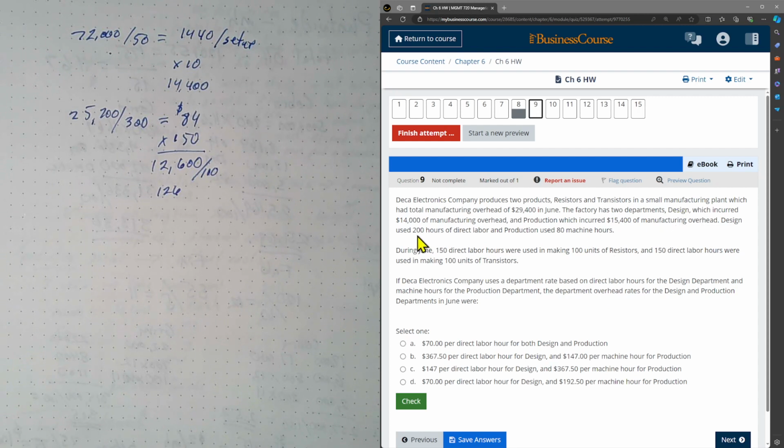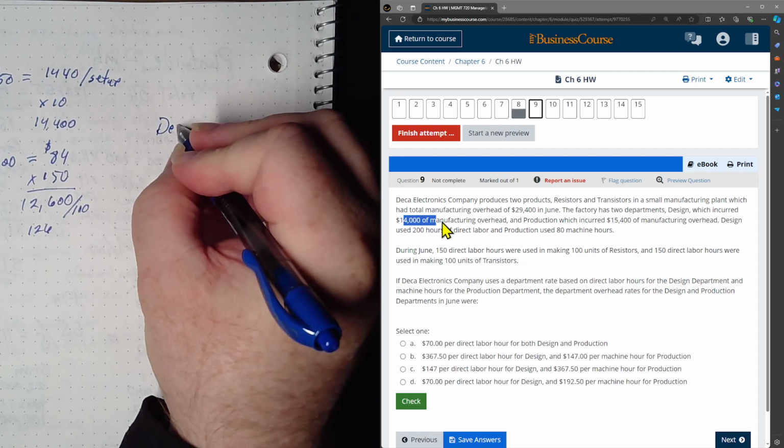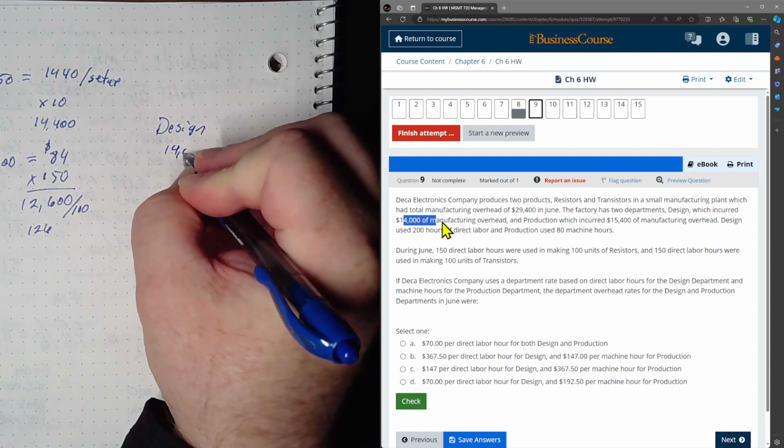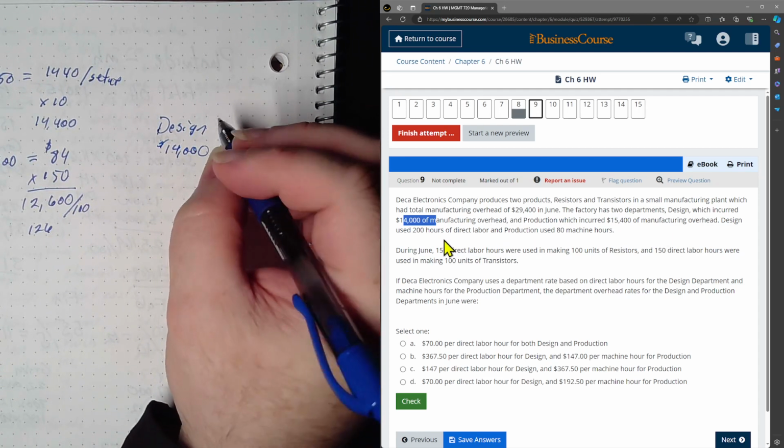Design had 14,000, and it's based upon direct labor hours, and design used 200 hours.